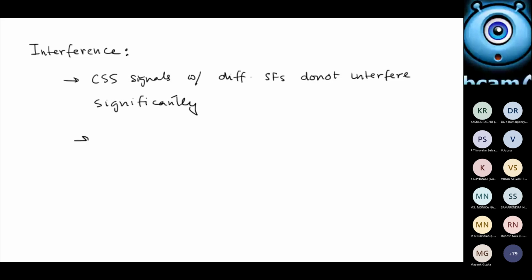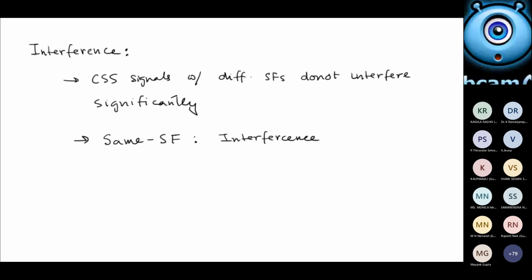But it has been shown that same spreading factors interfere severely. If we have two CSS signals with the same spreading factor, then there is significant interference. Also, within the same spreading factor, it depends on the relative timings of the two signals. For example, are they aligning at the symbol boundaries or not?